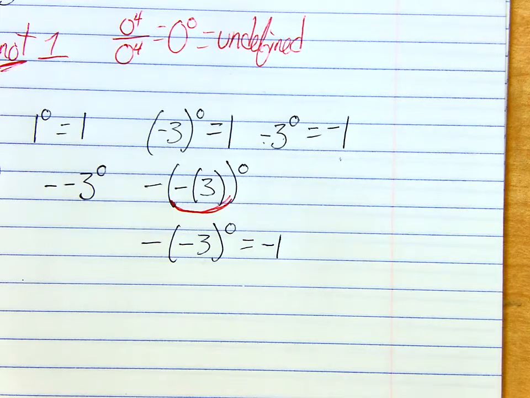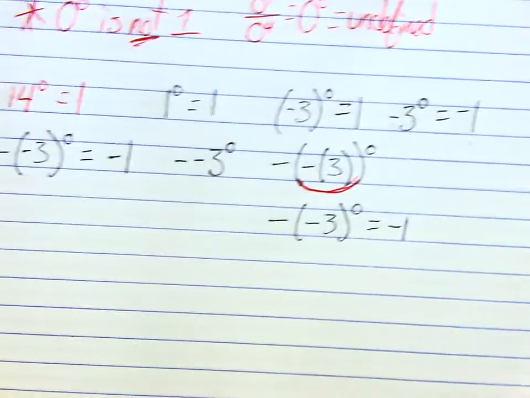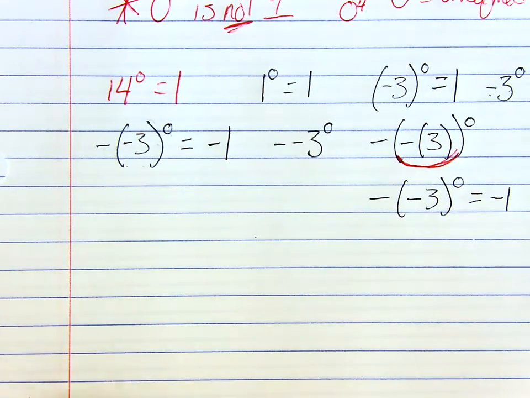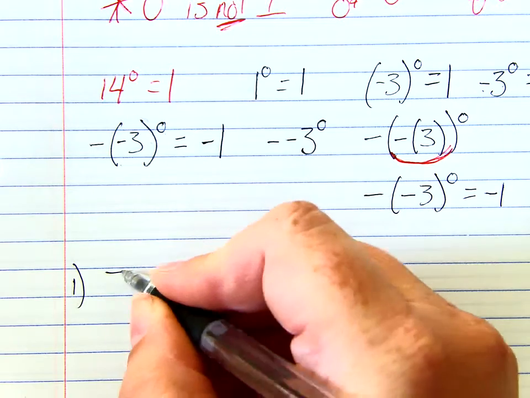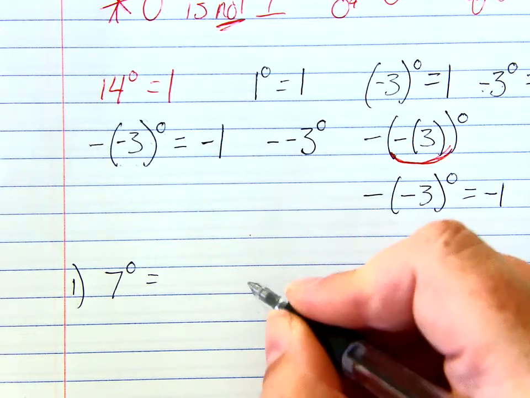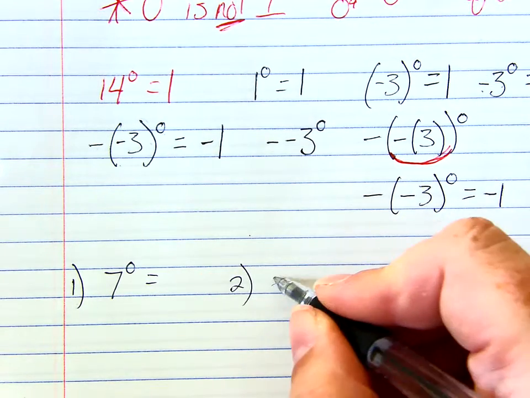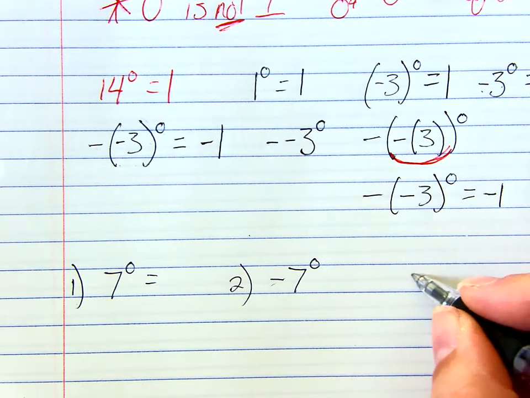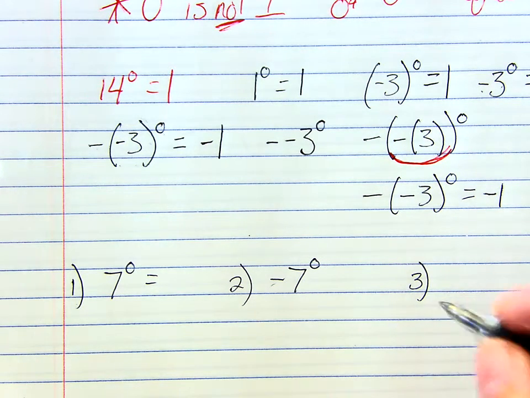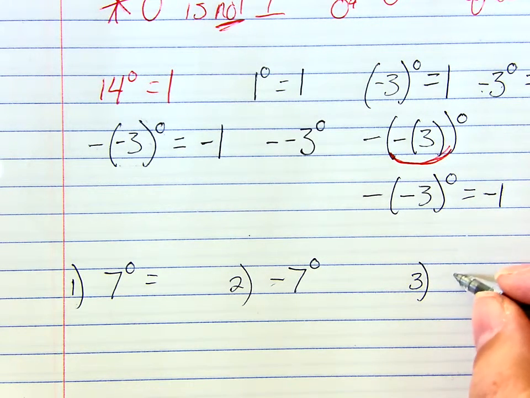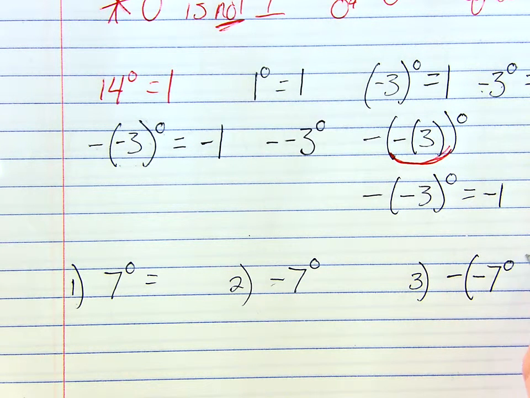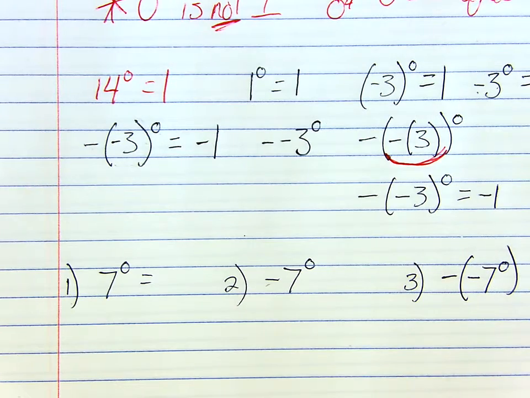Does this make sense? Let me try just one. I'll give you 4 of them to try on your own. We'll go easy, medium, hard. Ooh, that's a good one.